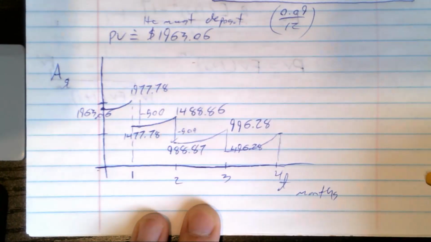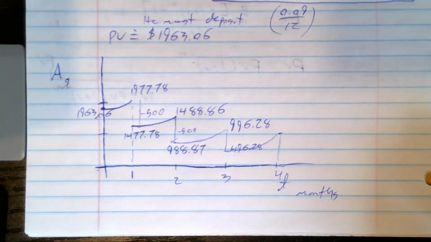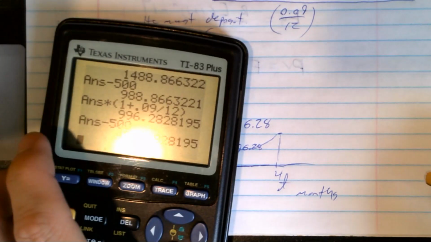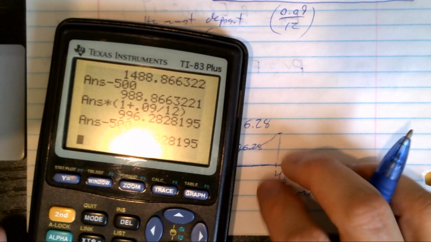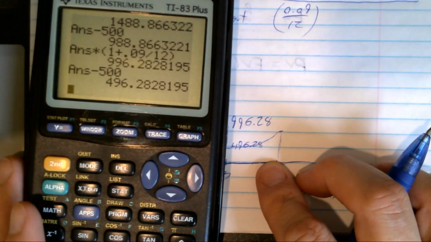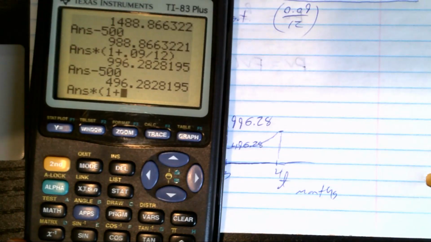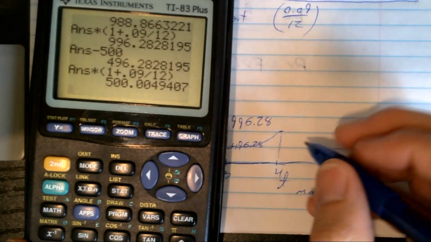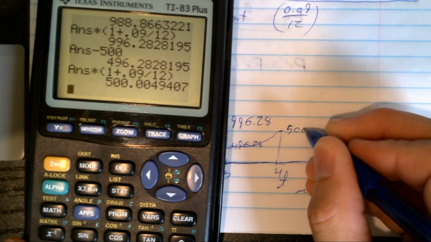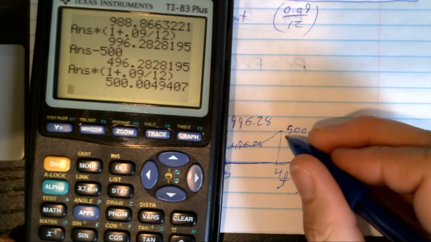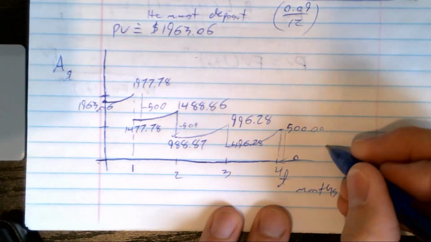We want to treat it as a series, but just to convince you that it actually works, here is our current present value. We let that grow by a factor of 1 plus 0.09 divided by 12, and we get, rounded off, about $500. We make that last payment of $500, and then the fund is what we call exhausted.